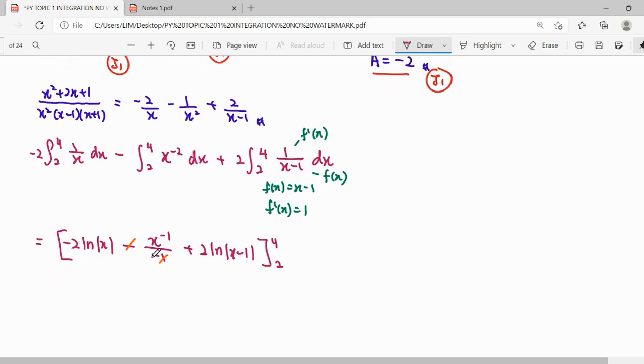And then we substitute our limit, upper limit minus lower limit, so negative 2 ln 4 plus 1 over 4 plus 2 ln 3 minus negative 2 ln 2, then plus 1 over 2 plus 2 ln 1.